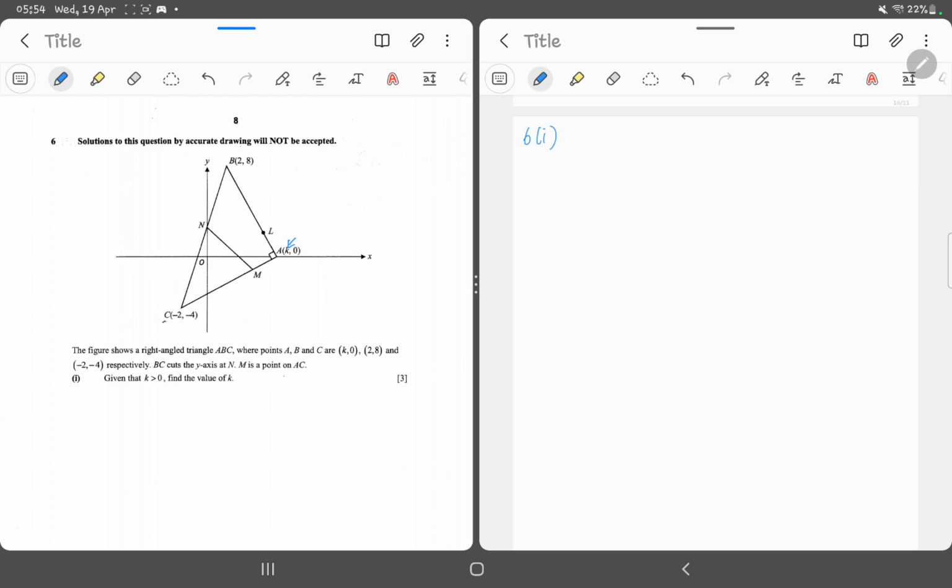We can see that the line AB is perpendicular to the line AC. So I'm going to find the gradient of AB using the coordinates of point A and point B, which is 0 minus 8, y2 minus y1, over k minus 2, x2 minus x1.